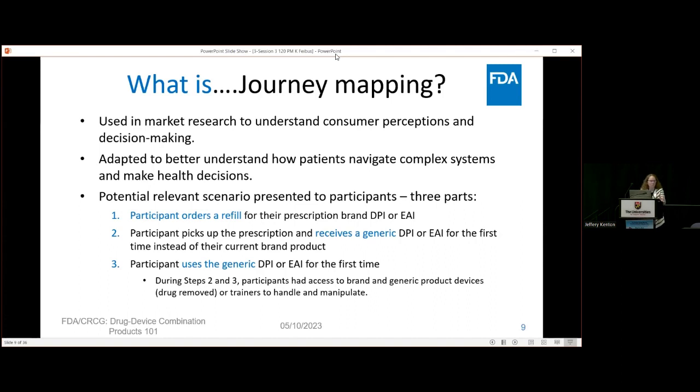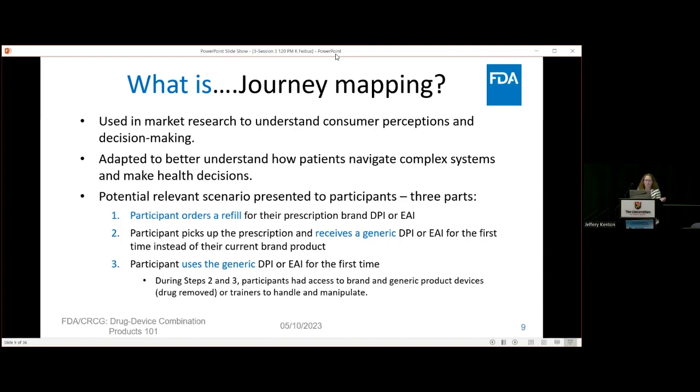So for steps 2 and 3 of the journey mapping exercise, whether the focus group was in person or remote, the participants had the opportunity to interact with both the name brand product and the generic product. For the focus groups done in person, they had a couple of different samples of trainers or emptied inhalers on the table that could be passed around.